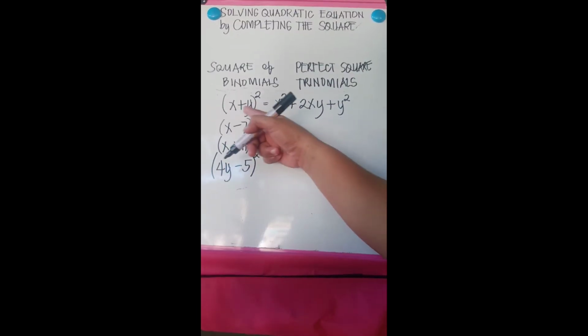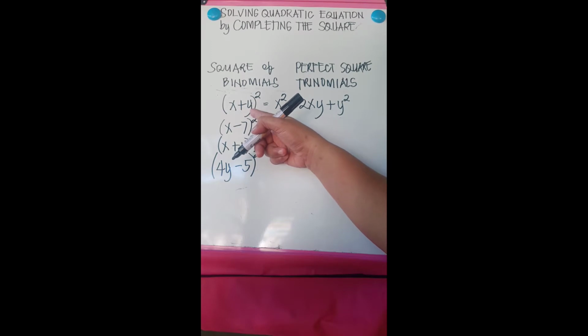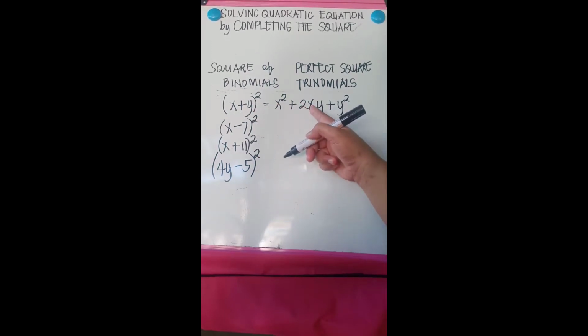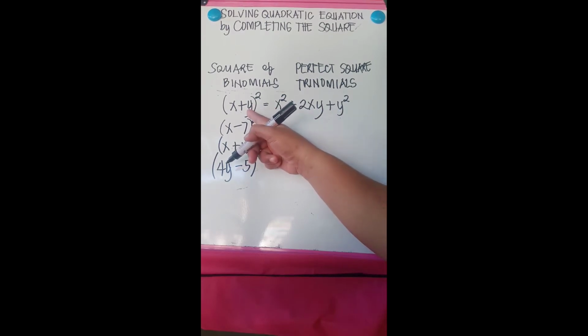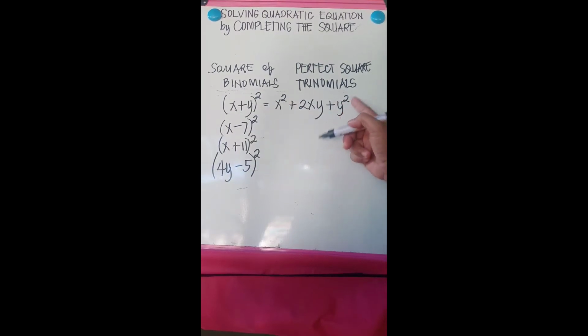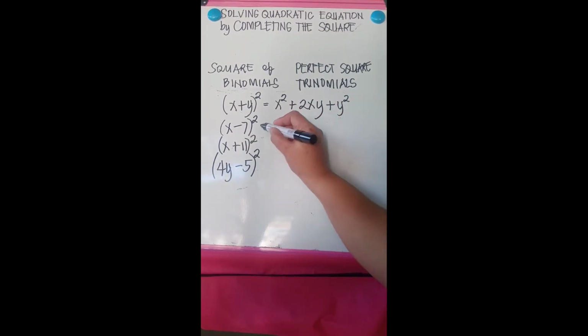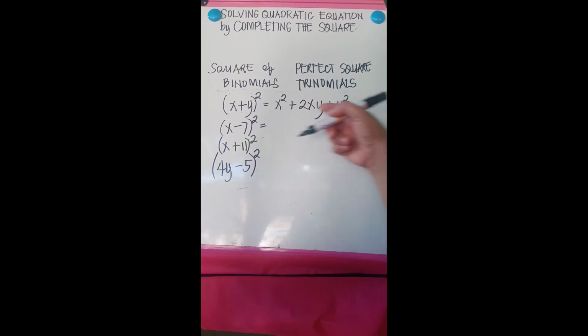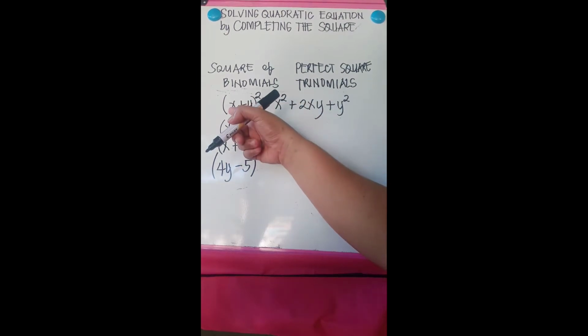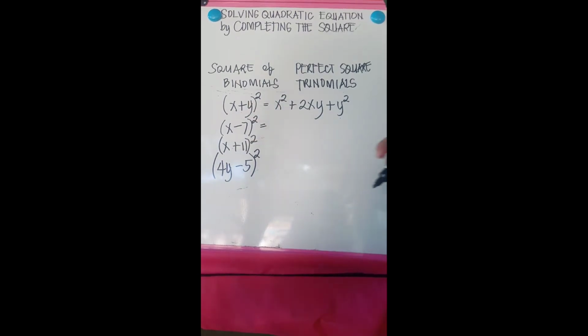Then multiply the terms of the binomial and then multiply the product by 2. So that is 2xy. Then multiply the last term of the binomial by itself. So that's y squared. Okay? So ito pwede nyong gawing guide. So always the middle term is the product of twice the product of x and y.